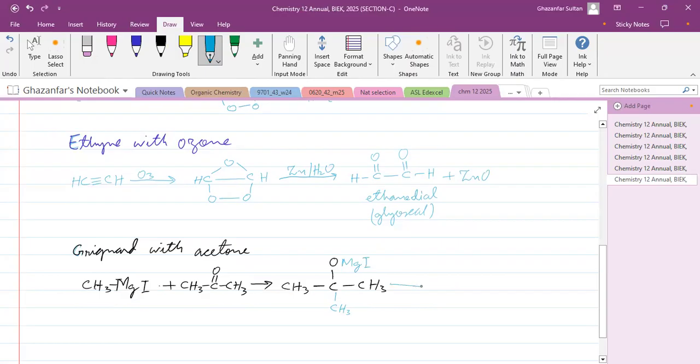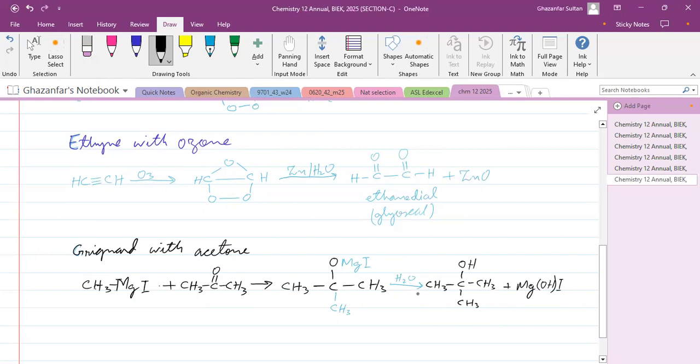Then it is reacted with water. So by this workup, it produces CH3, CH3, CH3 and OH, along with this byproduct, magnesium hydroxy iodide.